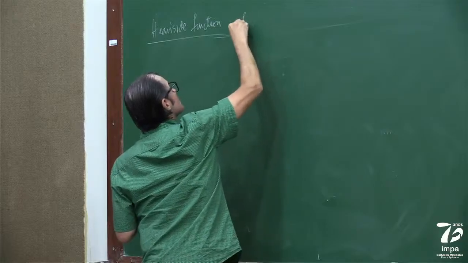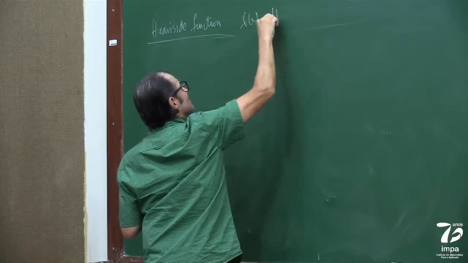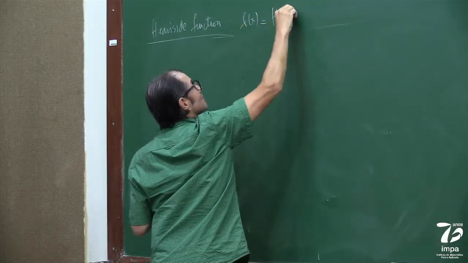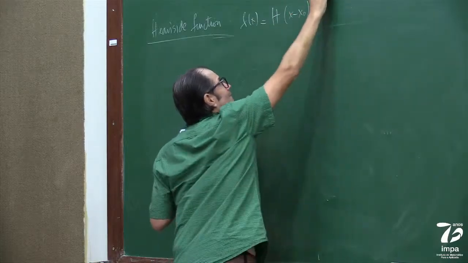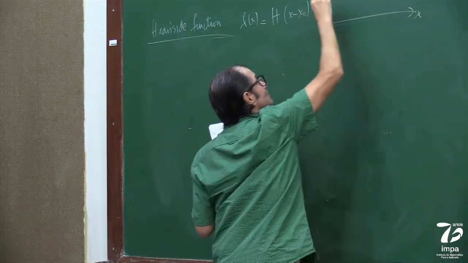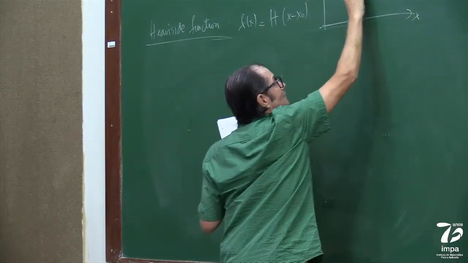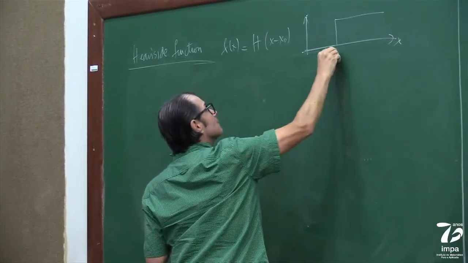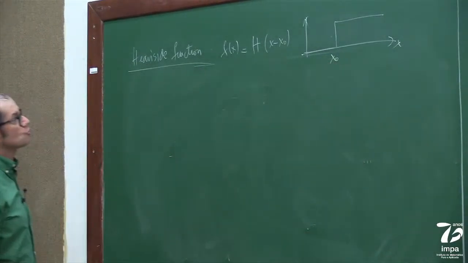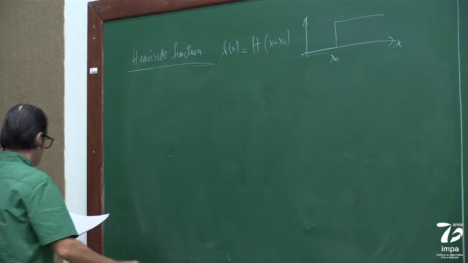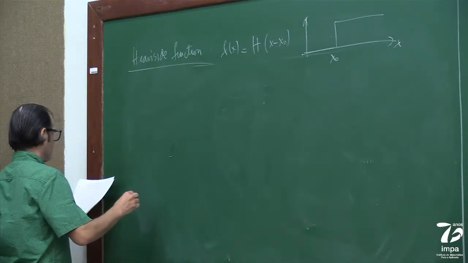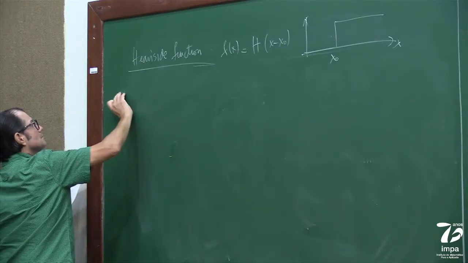So I'm going to put f of x is H like this, something that switches on at x0. Okay. So let me see how I say this.